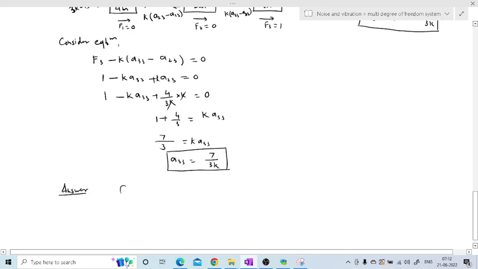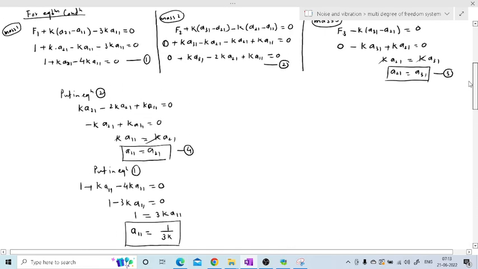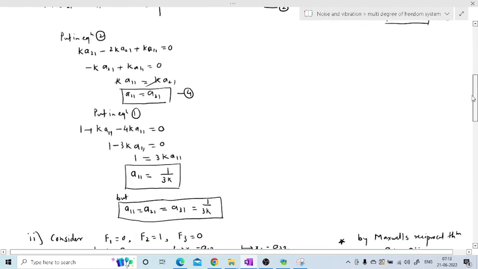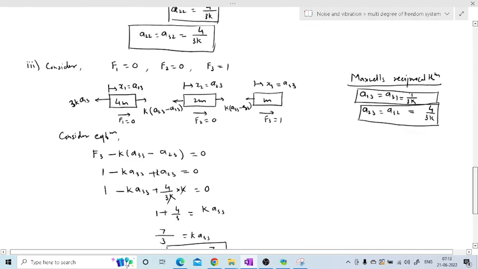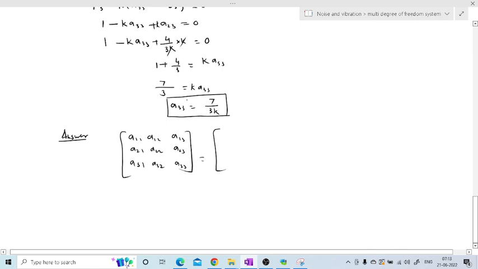The influence coefficient matrix, that is A11, A12, A13, A21, A22, A23, A31, A32, A33 will be equal to, just put the values. So first consideration we will get the answers here. A11, A21, A31 all are same and it is 1 by 3k. So 1 by 3k, 1 by 3k, 1 by 3k.